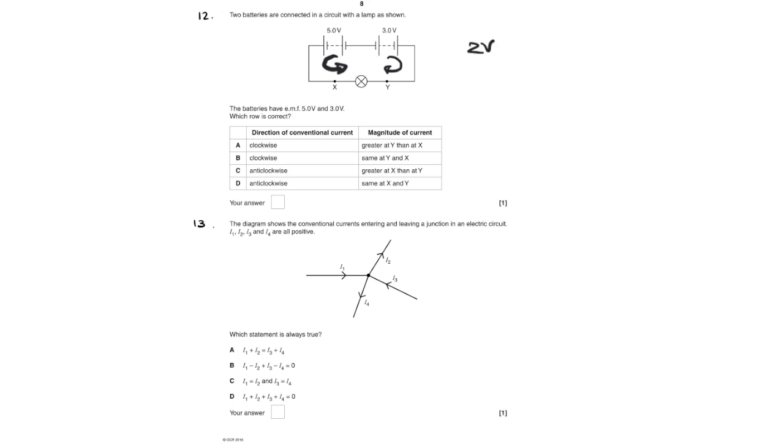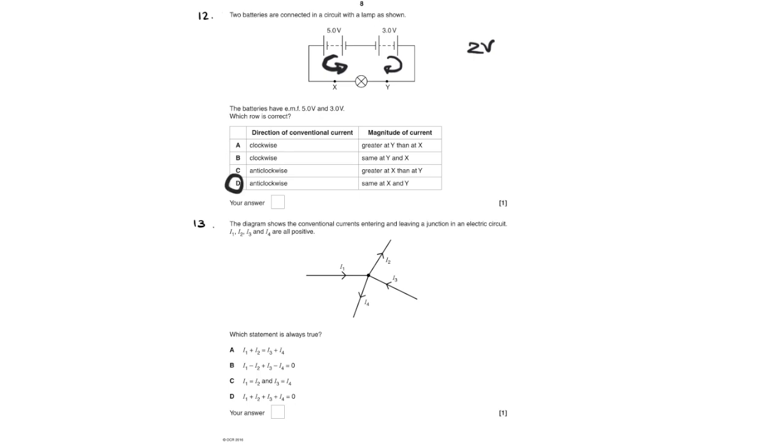The direction of the conventional current is anti-clockwise, though. That doesn't change, it's always from positive to negative. So either C or D is an option. And from there, it's asking what is the magnitude of the current. Because this is a series circuit, it's going to be the same at X and Y. The magnitude does not change. So D is the answer.